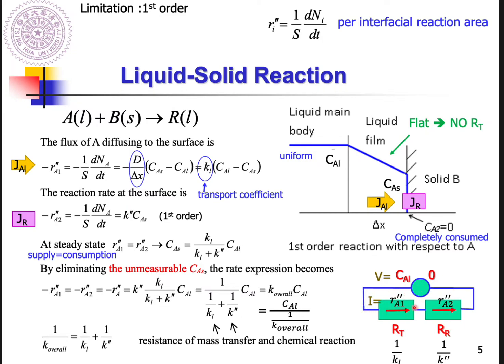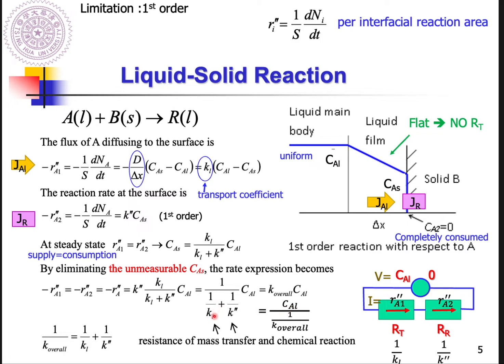So we got the same flux of reactant A, and passing the first one is the mass transport in the liquid film, and the second process will be the chemical reaction at the surface of solid B, and the resistance is the reciprocal of the transport coefficient or the reciprocal of the reaction rate coefficient.